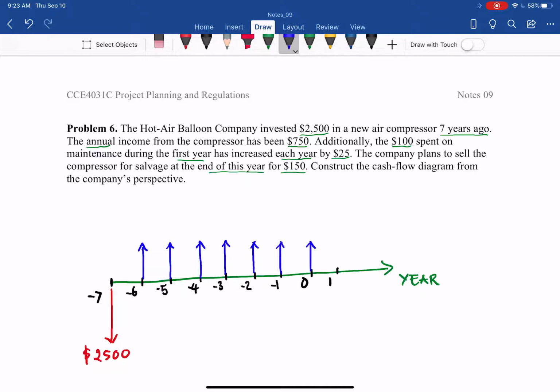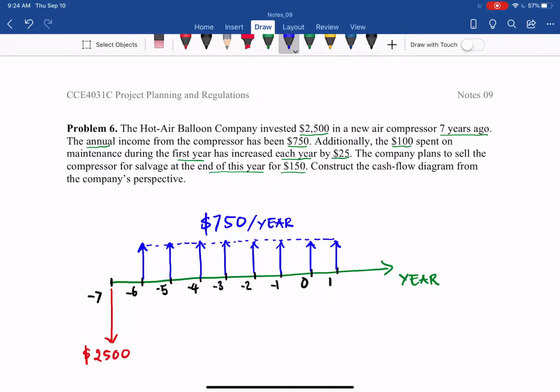The first one is for 7 years ago, the second one 6 years ago. Similarly, at time 0, this last amount is the last year. Because the company plans to sell at the end of this year, the current year still has income, so we have one extra amount. In total, we have 8 years of income, 750 per year.